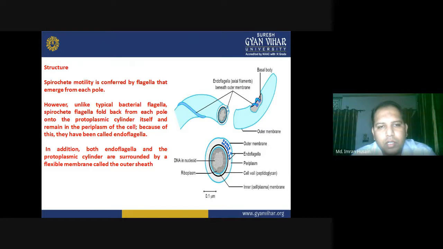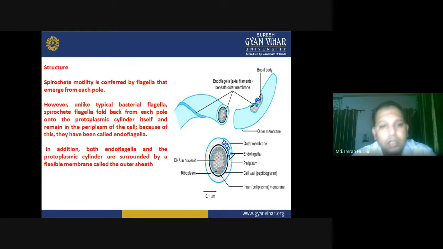Spirochete motility is conferred by flagella that emerge from each pole. The flagella are not present in a loose way in comparison to other bacteria. Flagella are twisted all around the body of that particular organism.